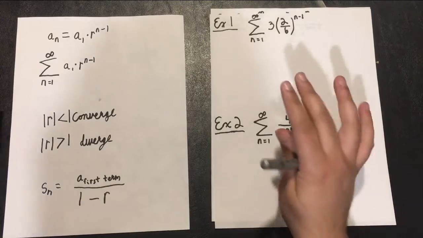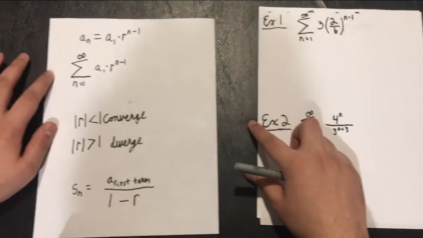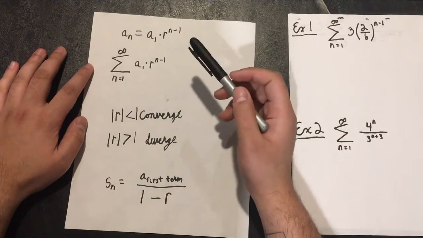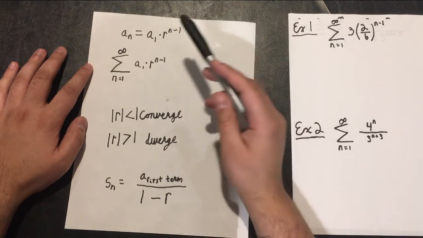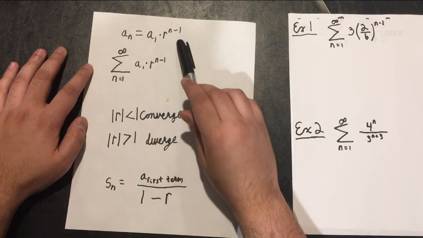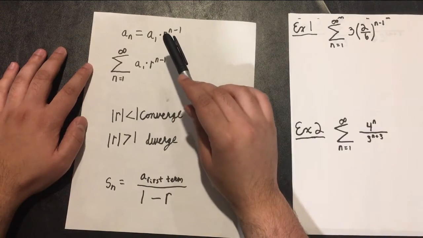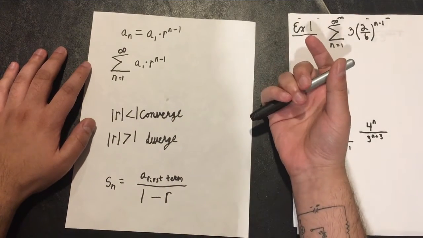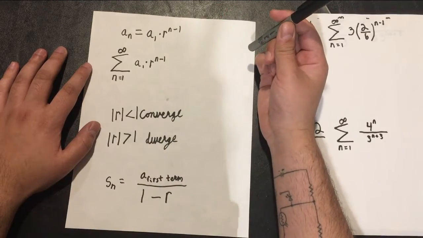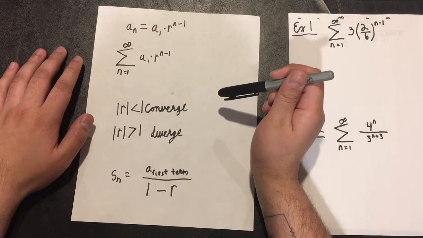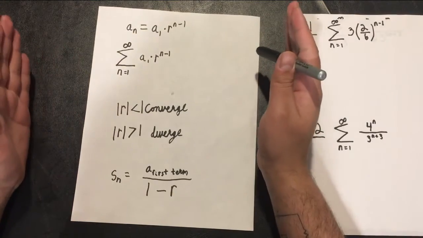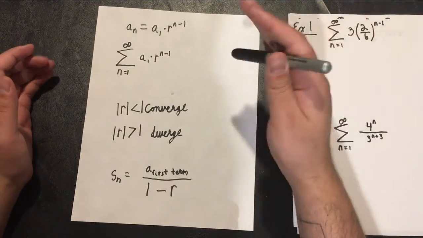Okay, so at this point, you guys should be familiar with what a geometric series and a geometric sequence are. In Algebra 2, you should have learned this formula for figuring out a specific term within a geometric sequence. This was introduced when you wanted to figure out the sum of a set number of terms in that sequence.